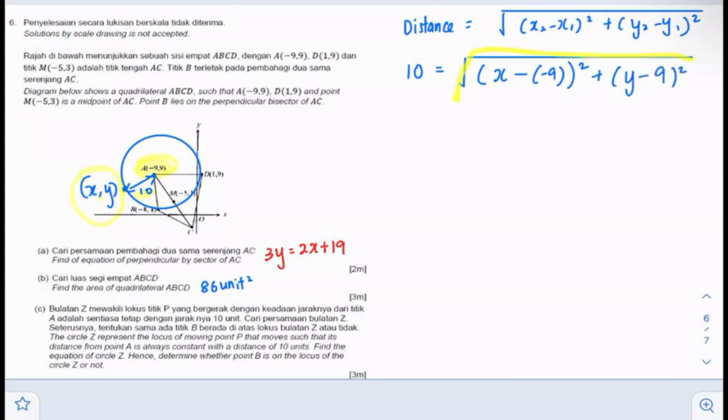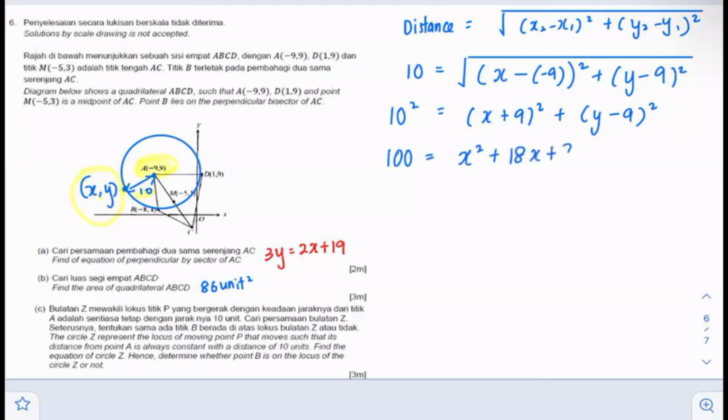And we change the position of this square root to left hand side, and it will become a square. So 10 square equal to x plus 9 square plus y minus 9 square. Then we expand the bracket. So 100 equal to x square plus 18x plus 81 plus y square minus 18y plus 81.